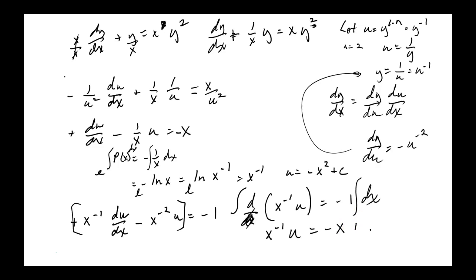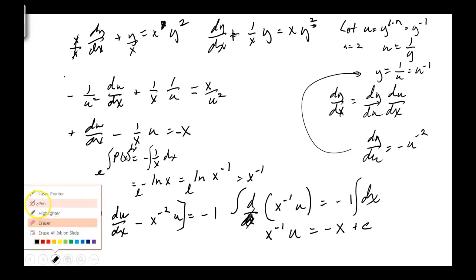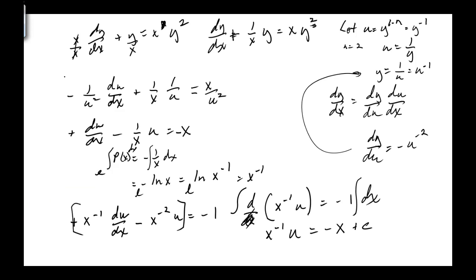They put their plus c in here. That's really where we did the integration, wasn't it? Yeah. Sorry. So I shouldn't have done it. Should have done it one step sooner. Same thing though, right? Well, a little bit. Okay, so now what we got to do is multiply both sides by x, and that gives us u is equal to minus x squared plus cx. There it is a little bit different.